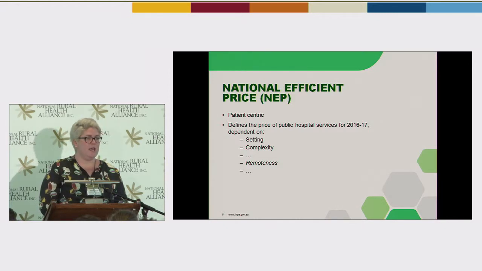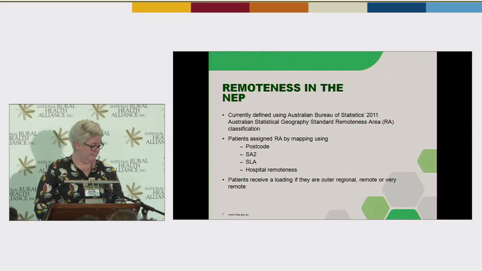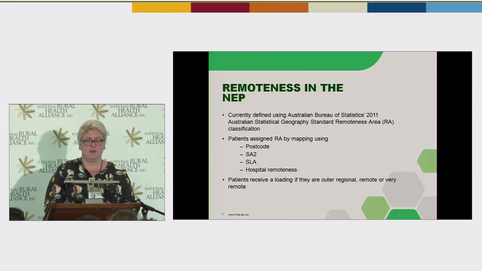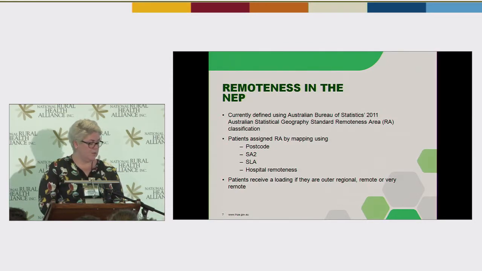But one of the key adjustments we make within the model is remoteness. Currently in the models, we use RA, which has been discussed pretty extensively today. Patients are assigned this remoteness area using mappings from postcode, SA2 and SLA. If we don't have any of those patient-level remoteness characteristics, we use the hospital remoteness to assign remoteness to a patient.